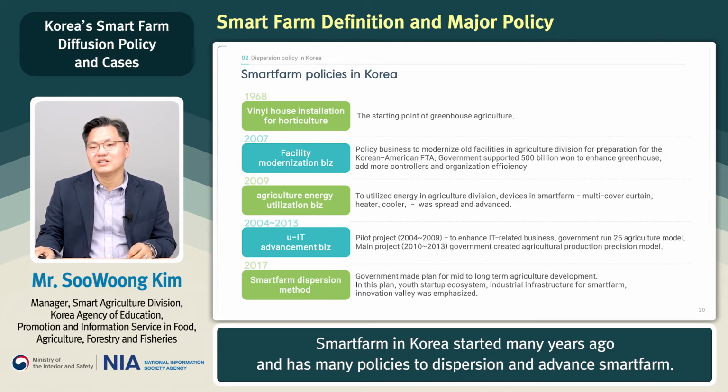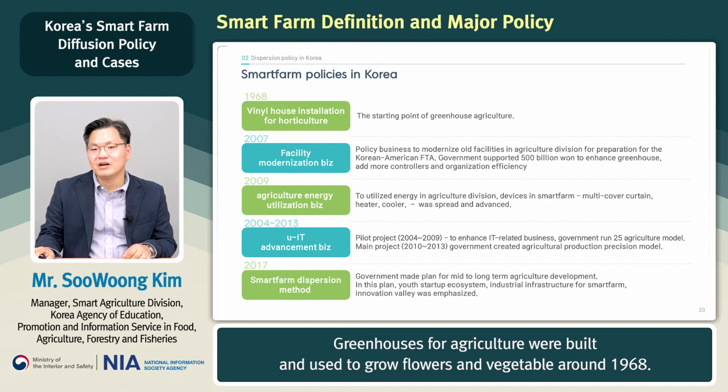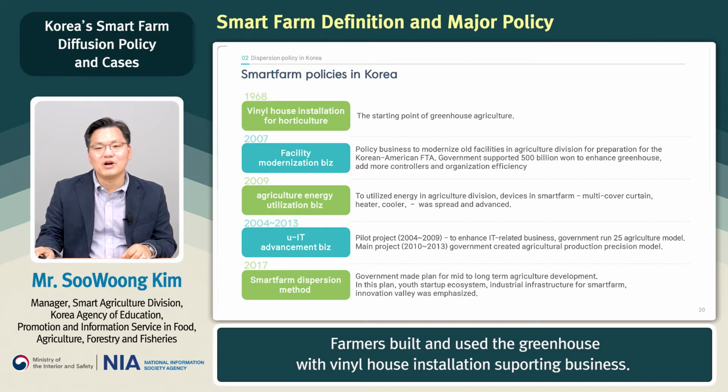Smart farm in Korea started many years ago, and now there are many policies to disperse and advance smart farm. Greenhouses for agriculture were built and used to grow flowers and vegetables around 1968. Farmers built and used greenhouses with the vinyl house installation supporting business.